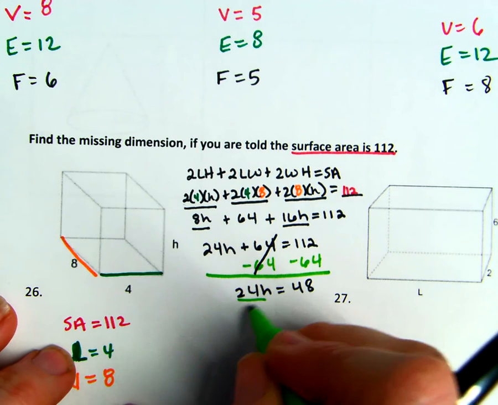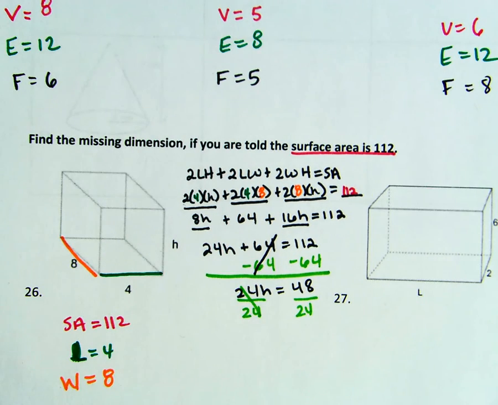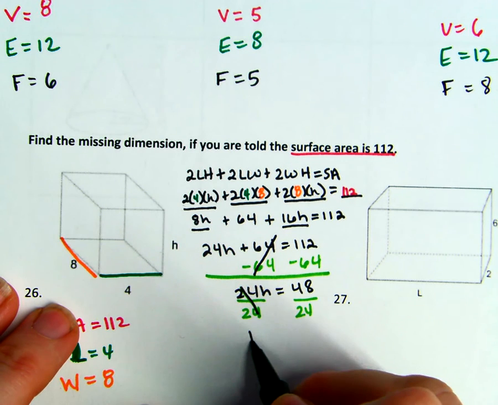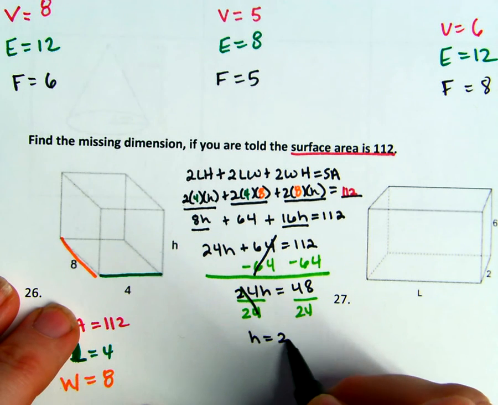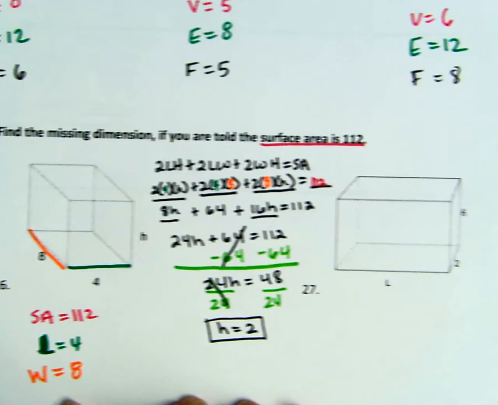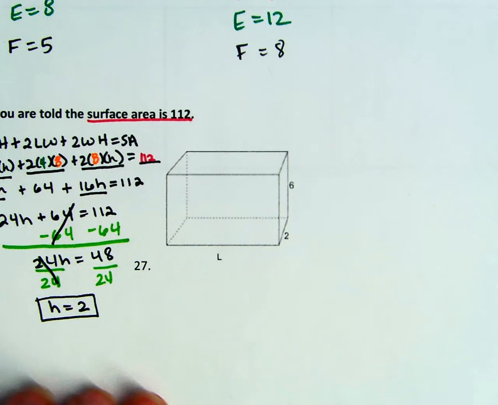Then just divide both sides by 24 to solve for h. 24 divided by 24 becomes 1h, and 48 divided by 24 is 2. So my h is 2. It's not super difficult, it's just a longer process because you have to set it up before you can solve it. If you wanted to pause the video right now and try number 27 before I work it, that probably would be beneficial for you, but I'm going to go ahead and work it now.